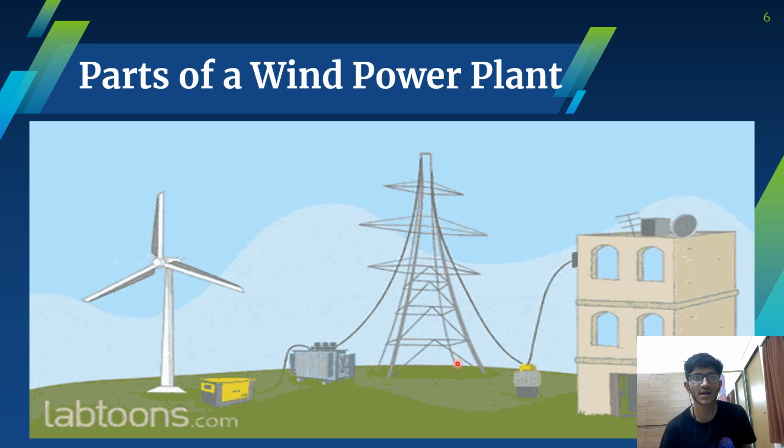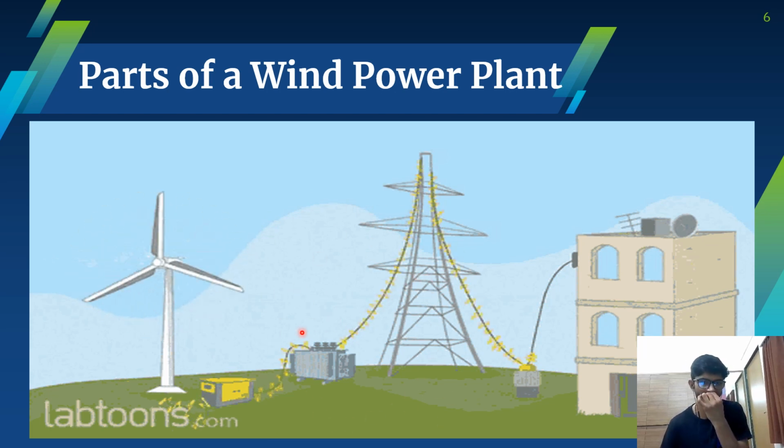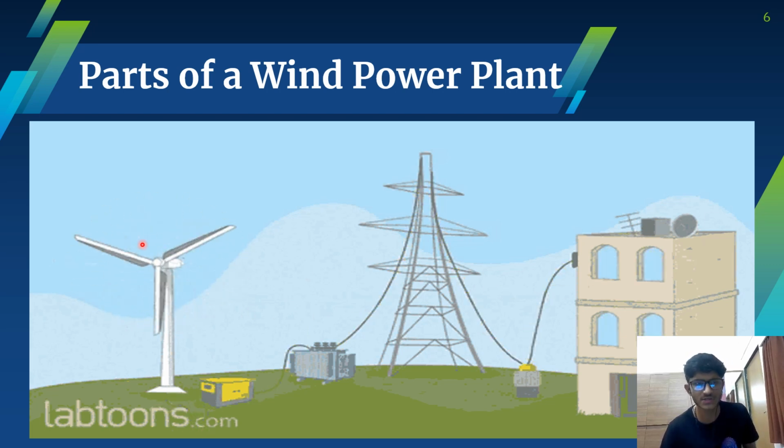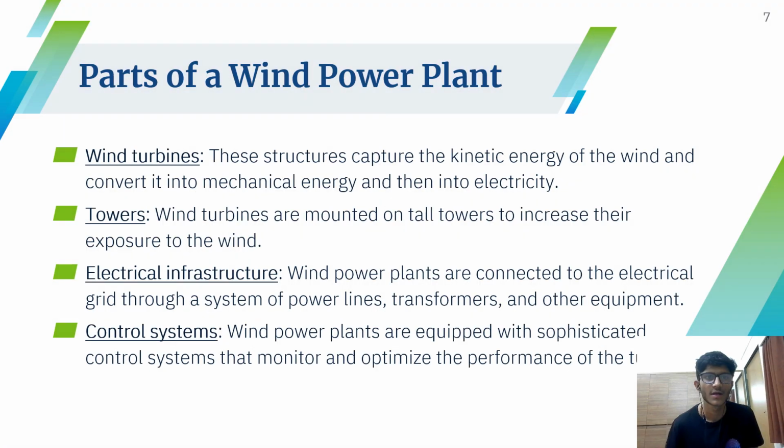These are the electrical infrastructure, which helps transmit the electricity generated through the wind power plant to our homes. And there are also control systems in wind power plants which help reduce the wind speed, etc. So here we'll describe the parts of the wind power plant which we saw in the last GIF.